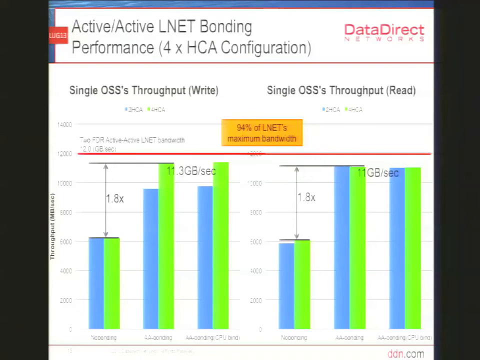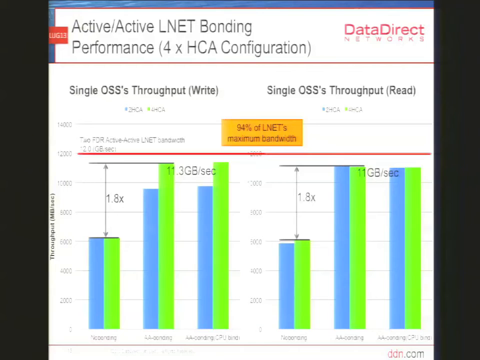Then we ran IOR again and got a write performance improvement: 11.3 GB per sec for write and 11 GB per sec for read. Read performance is pretty much the same as the two HCA configuration, but we got an improvement for write with four HCAs.